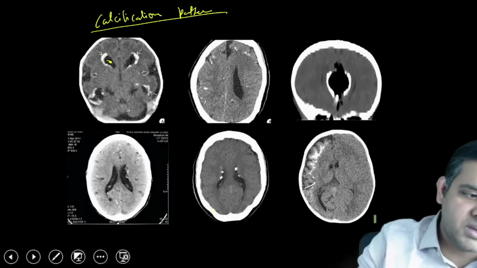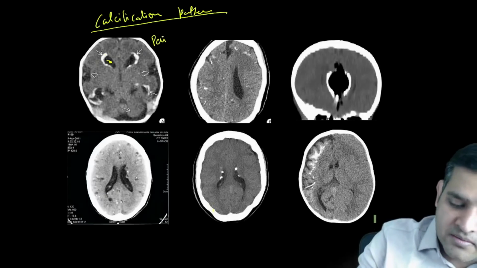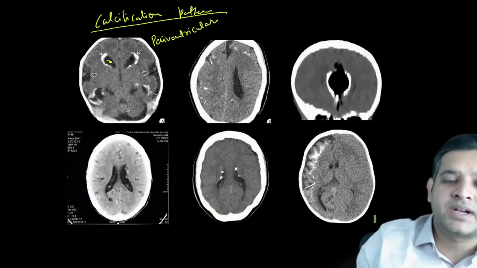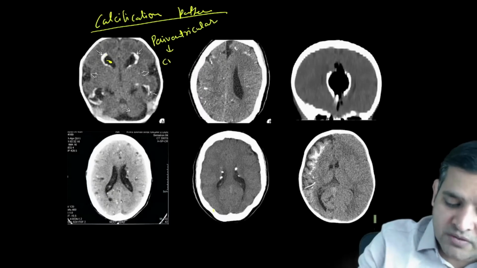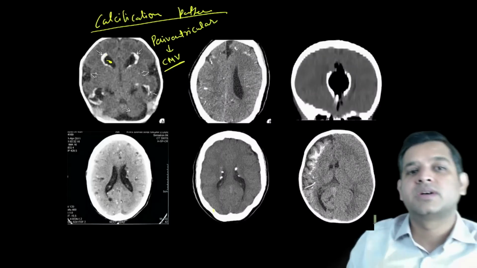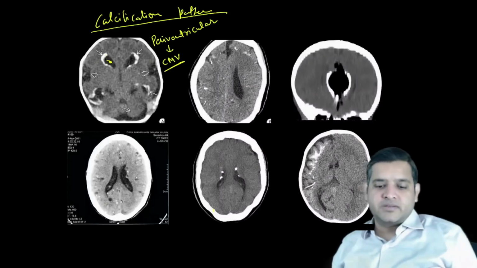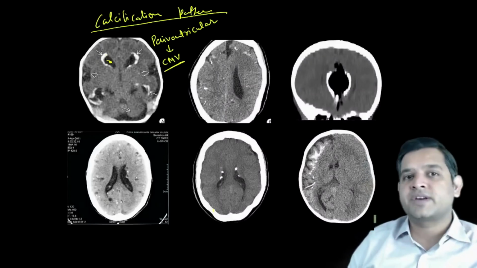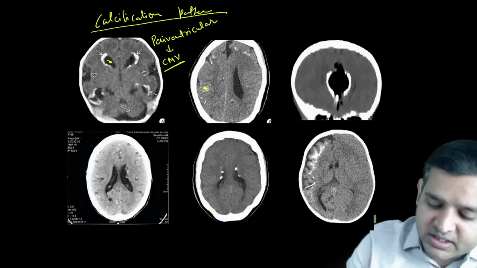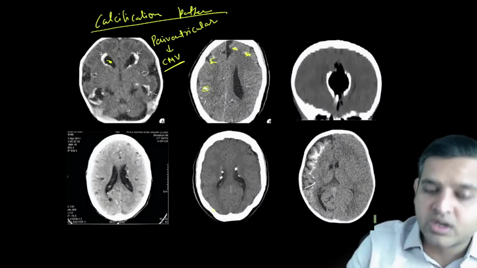And this is a periventricular pattern, which is a feature of CMV infection. Here you are going to see a diffuse nodular pattern.